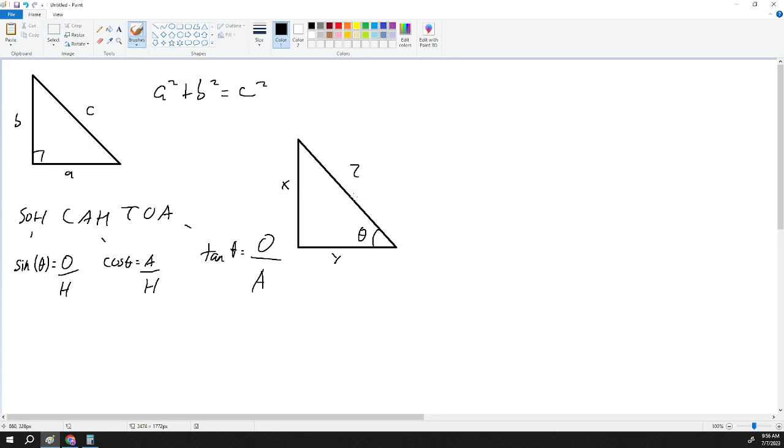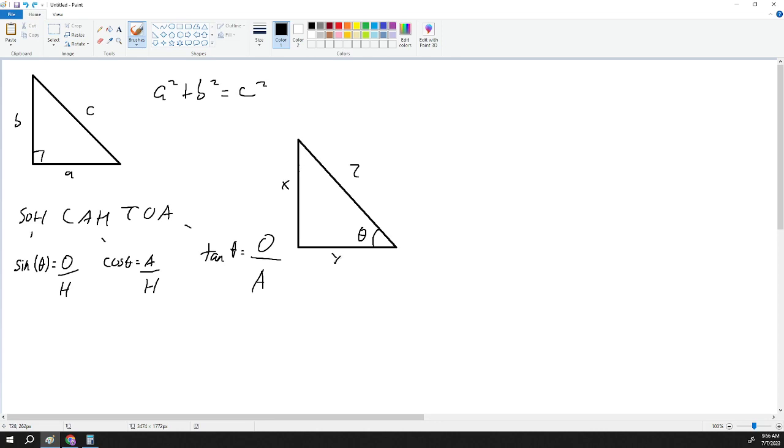Our hypotenuse is Z. So, ang opposite literally means the opposite of this angle. Ang adjacent means it is the side na hindi yung hypotenuse, hindi siya yung opposite. It is the adjacent natin. Alright?